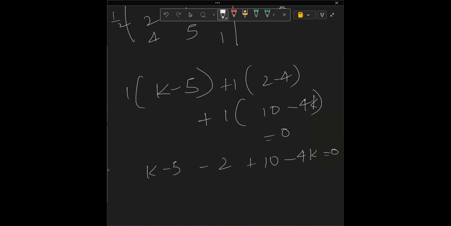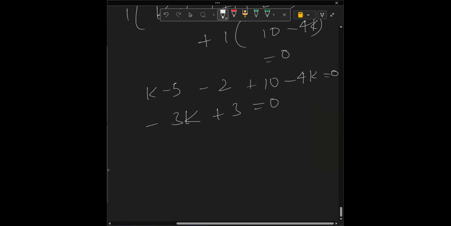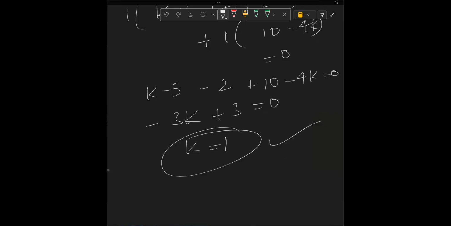So this is minus 3k plus 3 is equal to 0. So your k will be 1. Not -1, 1. इसके k का answer ऐसे आएगा. And it was a very easy question, है ना?